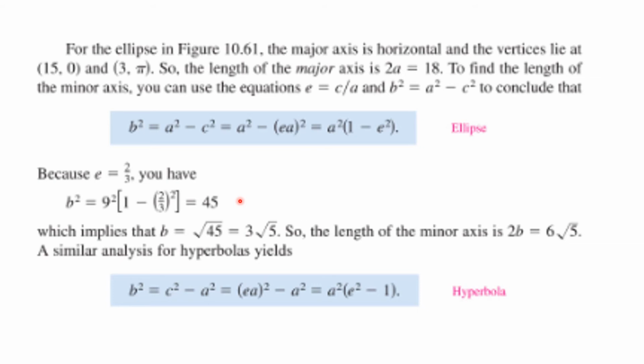So the length of the minor axis is twice that, which is 6 square root of 5. If we did a similar kind of analysis for hyperbolas, we would get that B squared is equal to A squared times E squared minus 1, because this has to be positive. That's what we get for a hyperbola. And so you see we can find these other dimensions and actually do a very good job of graphing such a thing.